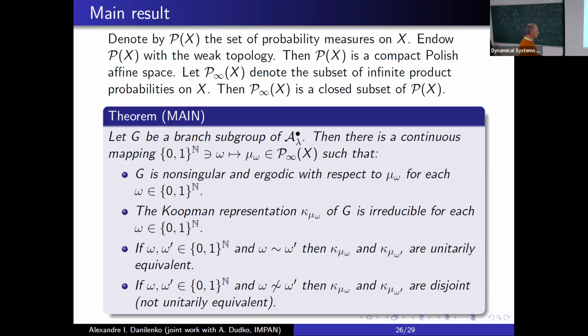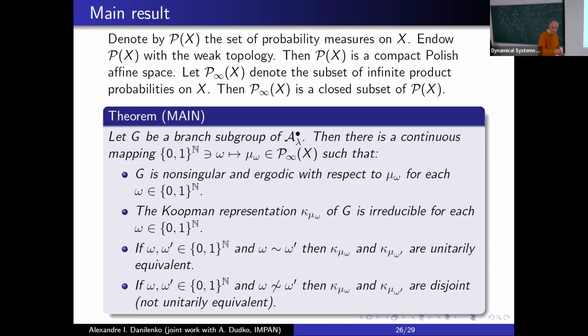Okay, so you see we have parameterized non-unitary equivalent classes of representations by tail equivalent classes of sequences here.